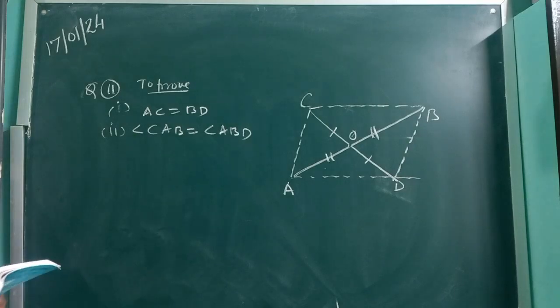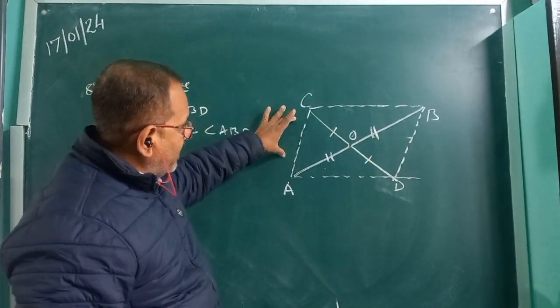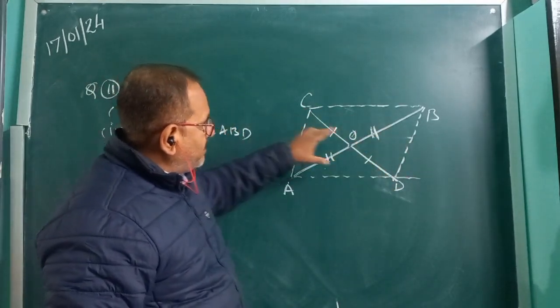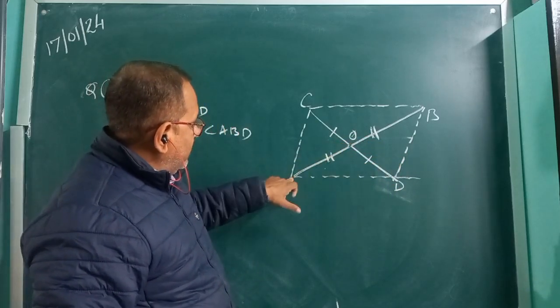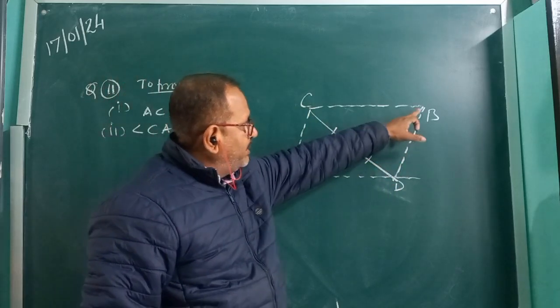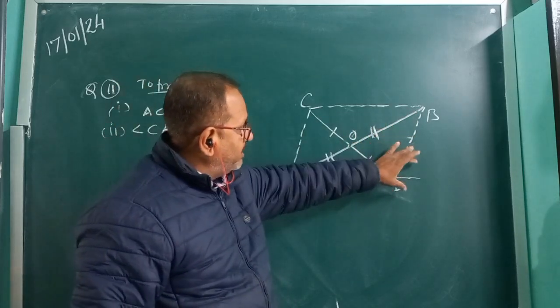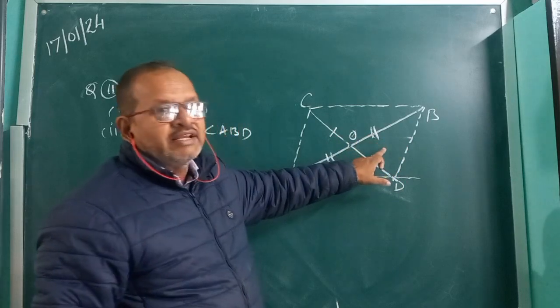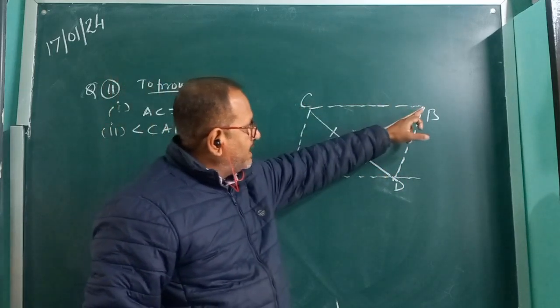First we prove AC is equal to BD. How can we prove AC and BD? These two sides are coming in the triangle AOC and BOD. So we will prove these two triangles congruent, triangle AOC and triangle BOD.